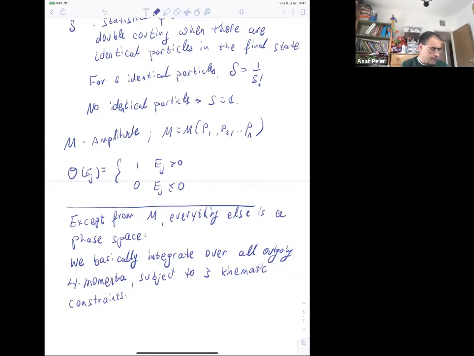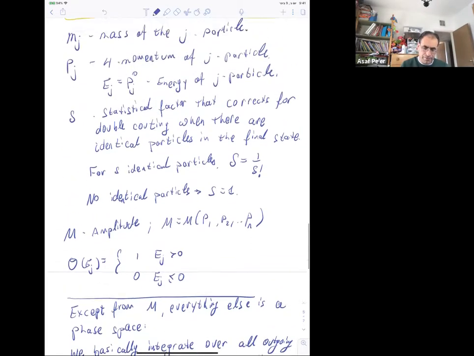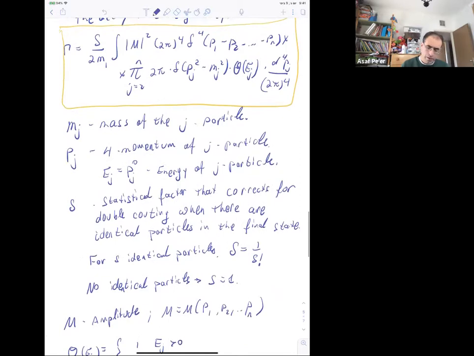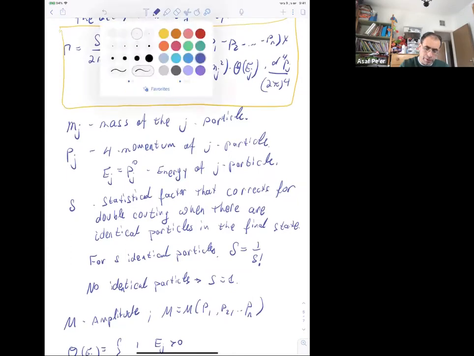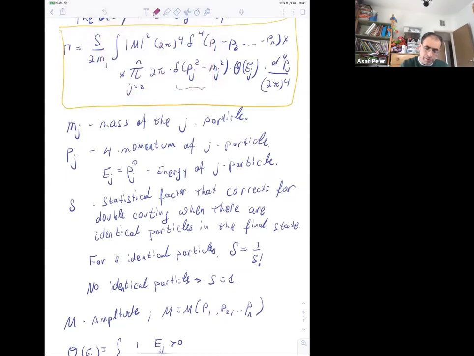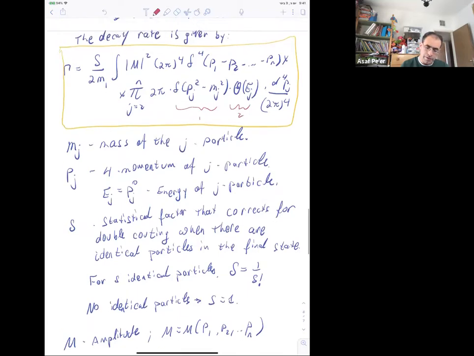Right. So the first constraint, you can see it from here. Let me write it down. This is the first constraint, and this is the second constraint, and this is the third constraint.